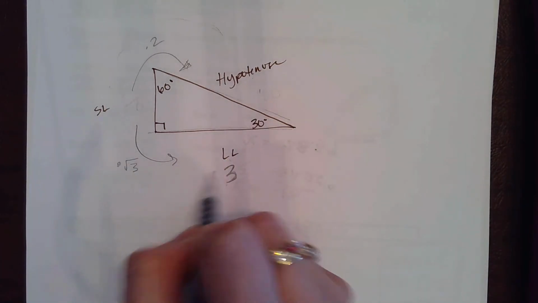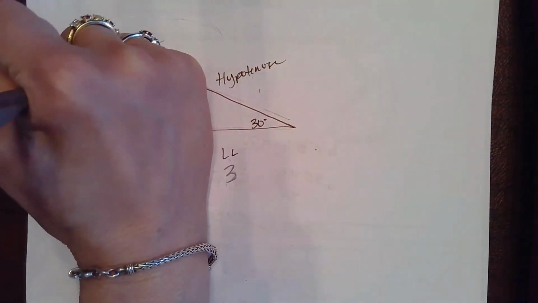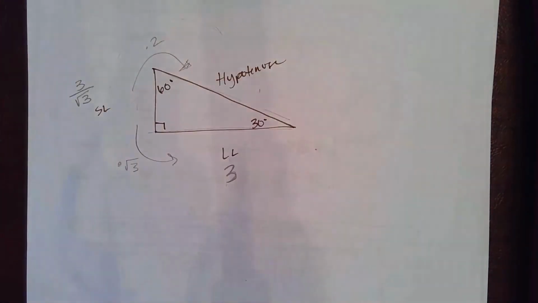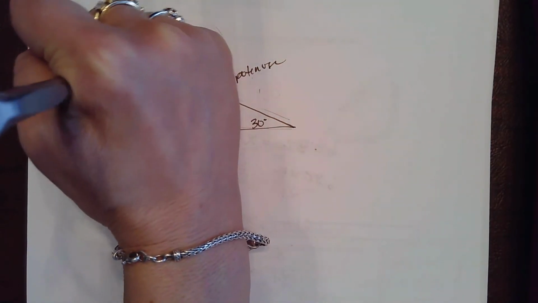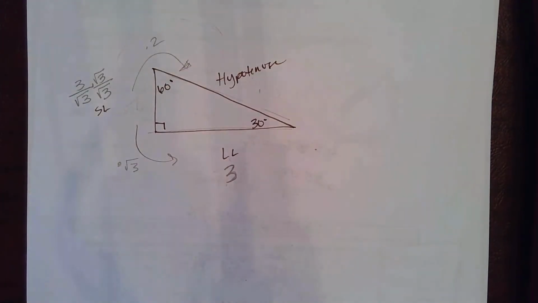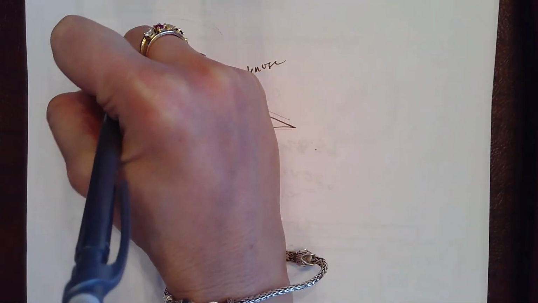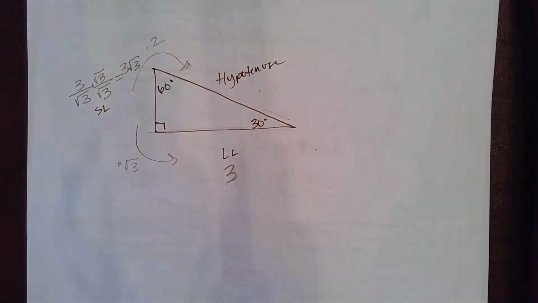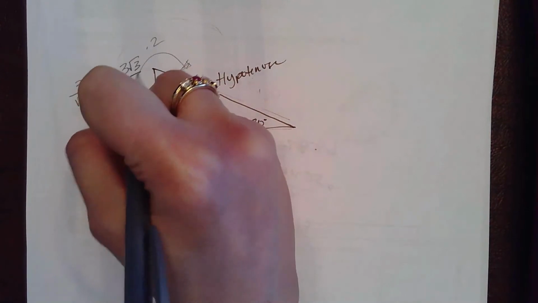So to go from long leg back to short leg, we would divide by root 3. So we would get 3 divided by root 3. Now, we don't want to leave our answer like this because there's a radical on the bottom. So this is where you would rationalize. You would do root 3 over root 3. Remember, rationalizing means you're going to get rid of that radical on the bottom. So on the top, I would get 3 times root 3. And then root 3 times root 3 is just 3.